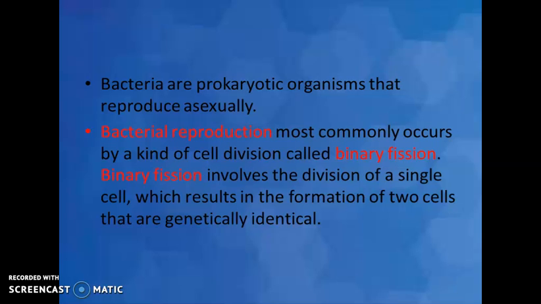Binary fission involves the division of a single cell, which results in the formation of two cells which are genetically identical. So in bacteria, reproduction takes place in asexual mode, and only in rare cases does reproduction take place in sexual mode. It is a rare event.